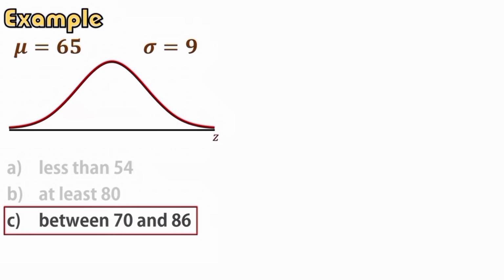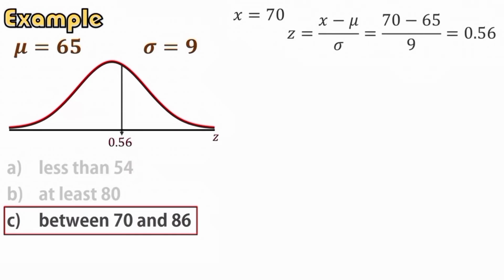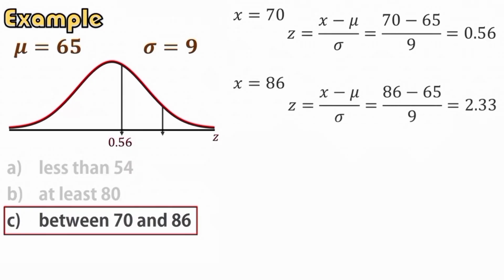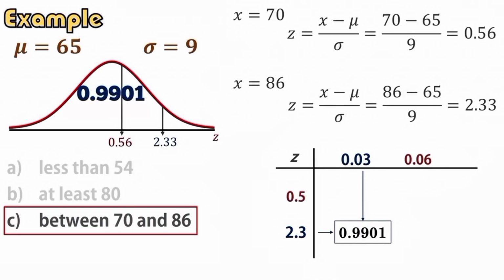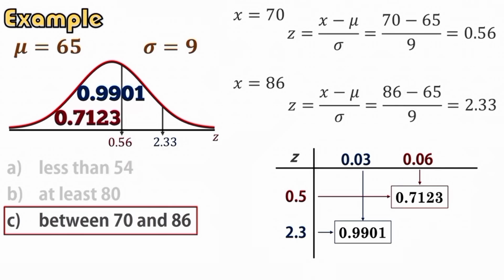So let's go to letter C, between 70 and 86. We have to calculate first, where X is equal to 70, which gives 0.56. Next is our X of 86, which gives 2.33. If you check the z-table for 2.33, that will be 0.9901. That's the area on the right side. And for 0.56, we have 0.7123. That will be the area on the left side.